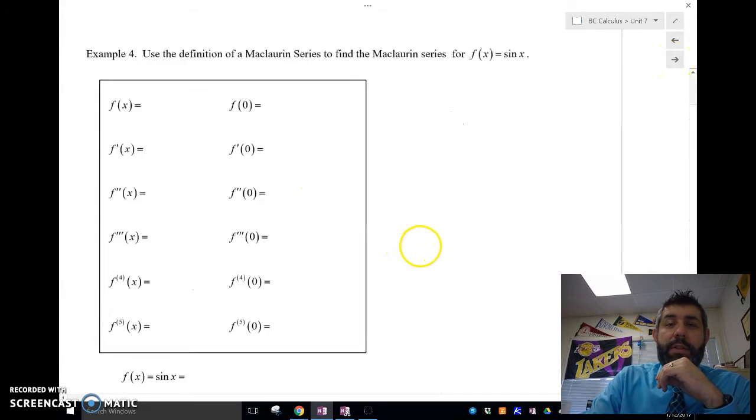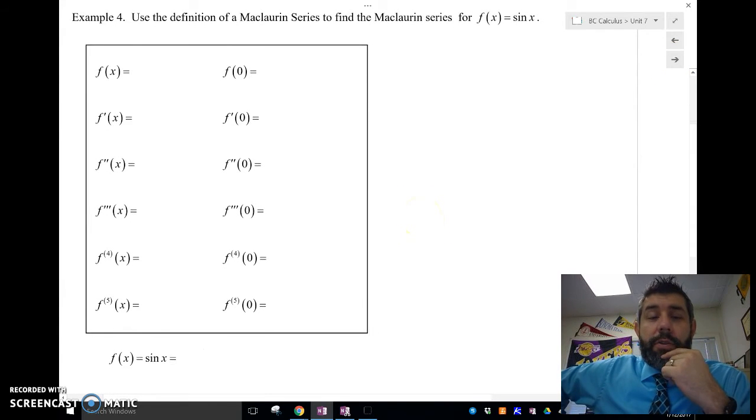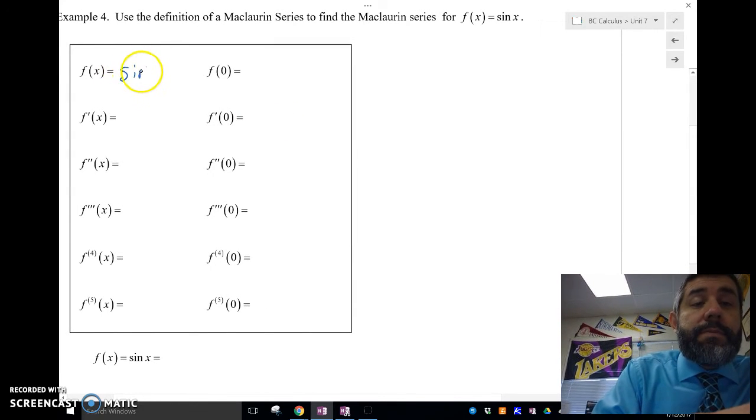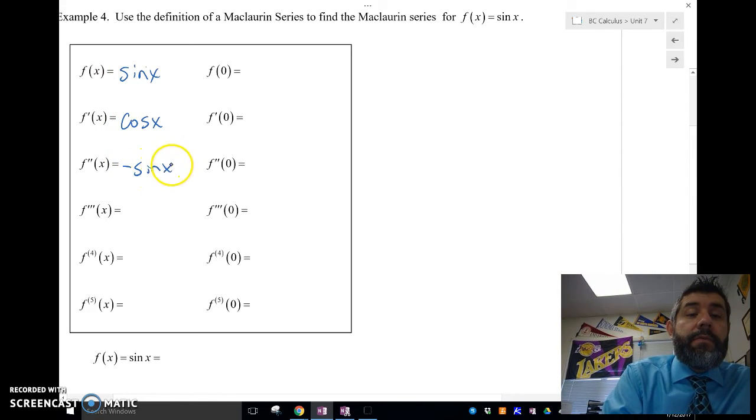We've got a Maclaurin series now. And we'll use a Maclaurin series to approximate f of x equals sine of x. All right. Again, we start with sine x, and then we take a derivative, and then another derivative, and another, and another, and another derivative.